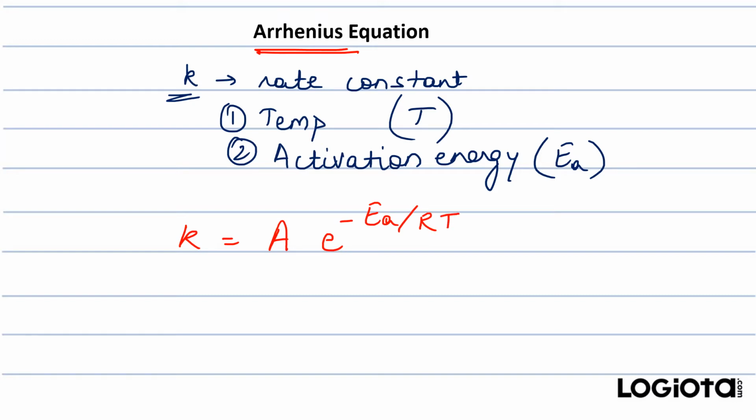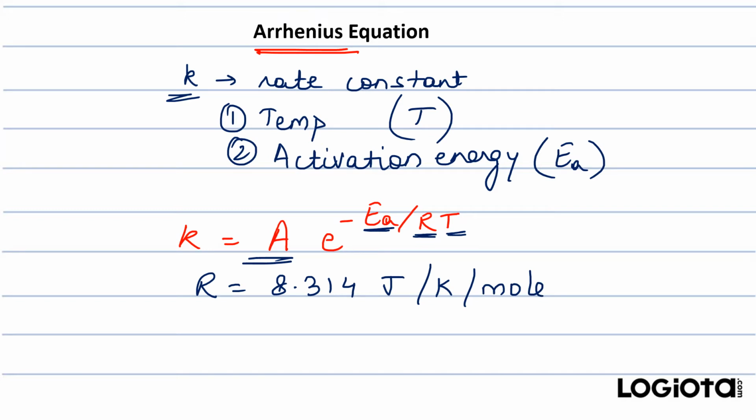Where small k is the rate constant, capital A is the Arrhenius constant, EA is the activation energy, capital R is the gas constant and capital T is the temperature. The value of R is 8.314 joule per Kelvin per mole, right? So we know the value of R.